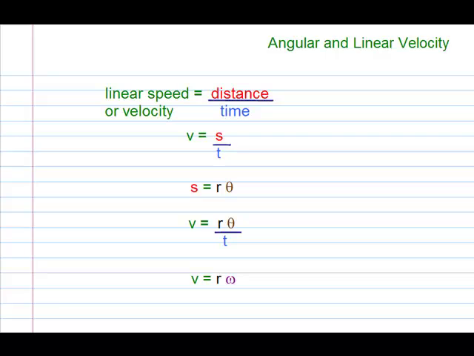Velocity equals s divided by t is a little bit of a variation. We're not using the letter d because we're talking about speed on a circle. And when we talk about circular distance, we use the letter s. Now, the letter s, as you remember, is the length of an arc.